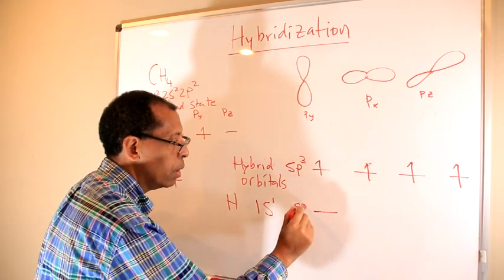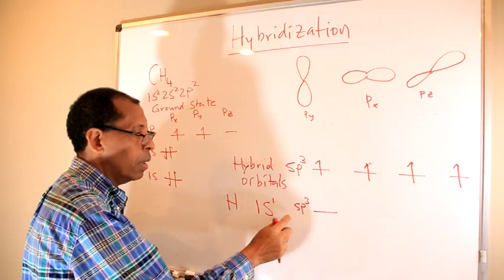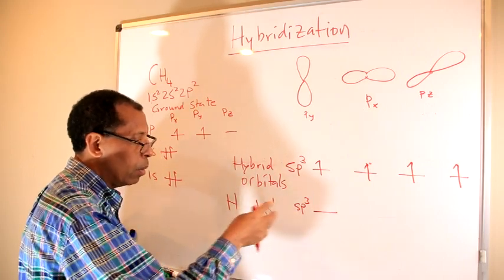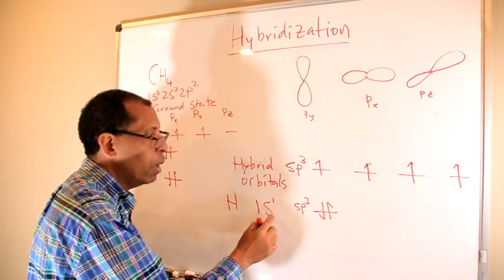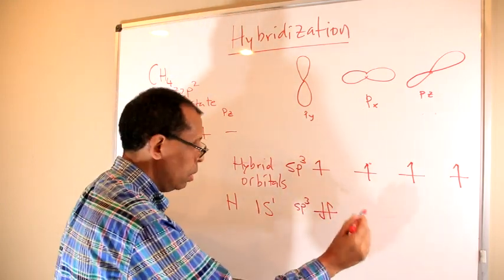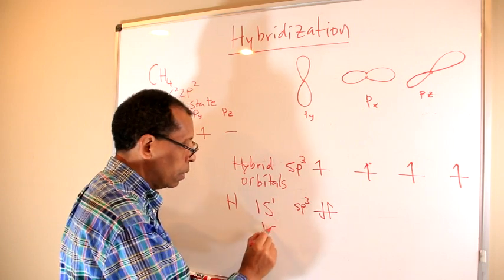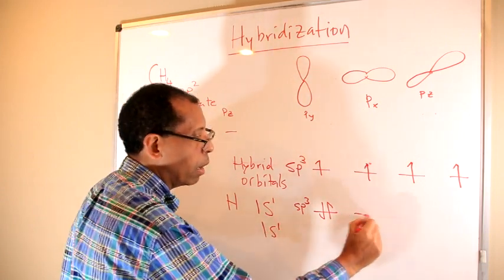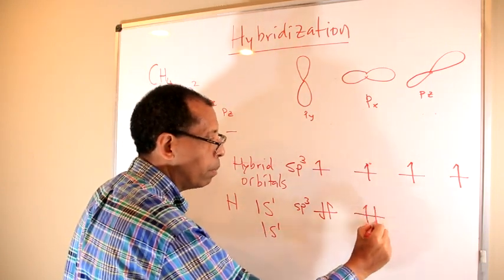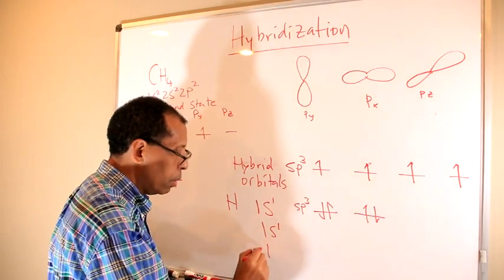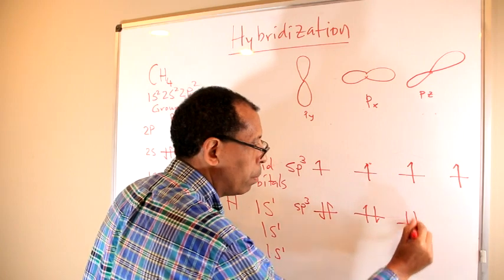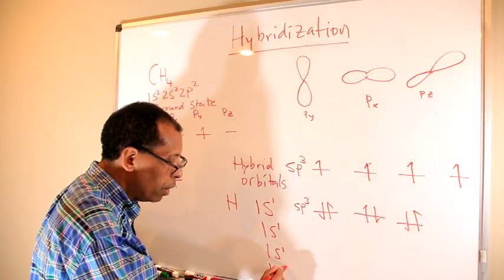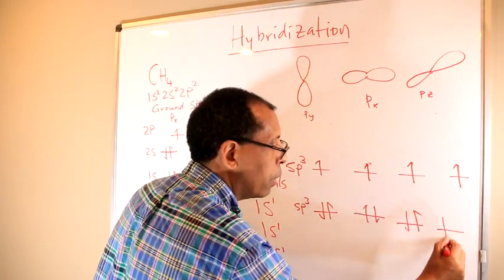The sp3 makes a bond with the s to make a paired electron, and another hydrogen with its 1s makes another pair, another hydrogen makes a pair here, and another hydrogen makes a pair here.